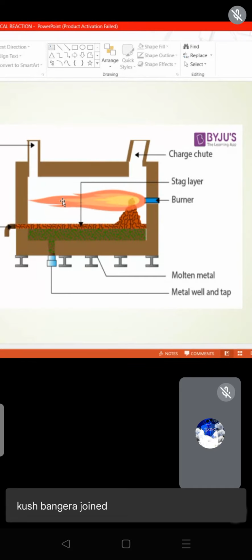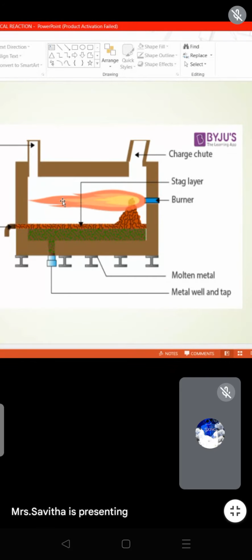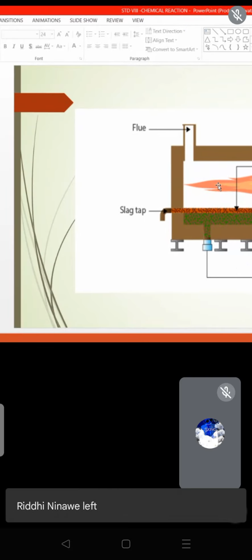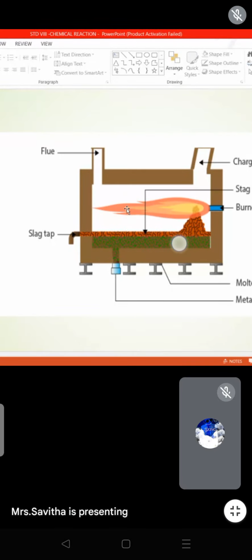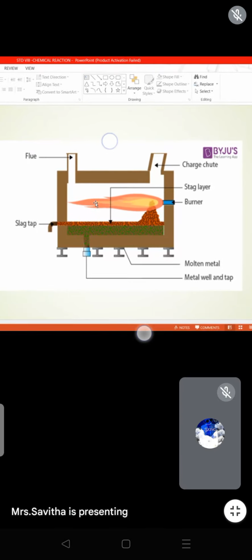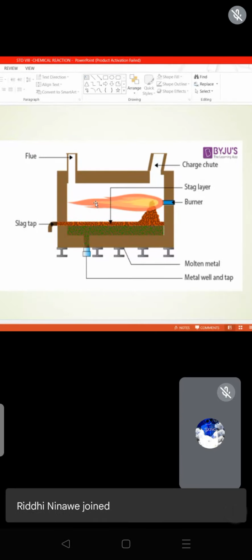It is not direct, it is an indirect process. It is not focused directly on the ore. Rather, they heat the walls so that the heat produced is sufficient for the reaction to get completed. So this is the reverberatory furnace.